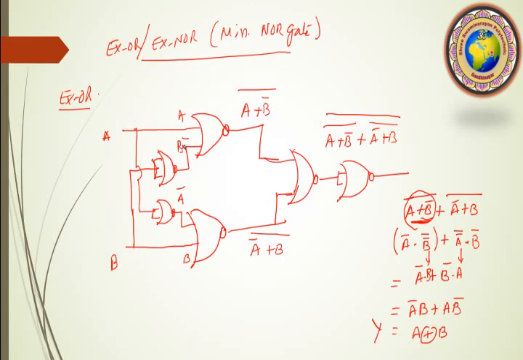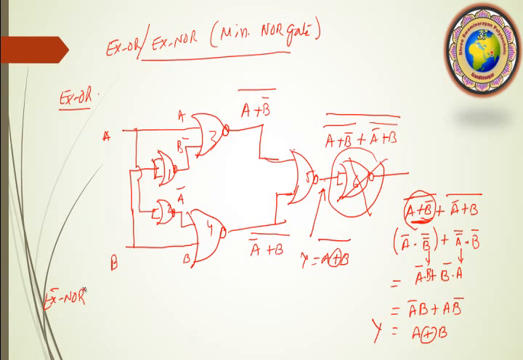So these 1, 2, 3, 4, 5 and 6 together make an XOR. If you require XNOR, we do not want to convert the last portion, we just have to remove it. So with all of these 1, 2, 3, 4 and 5, our output Y is equal to A plus circle B bar.